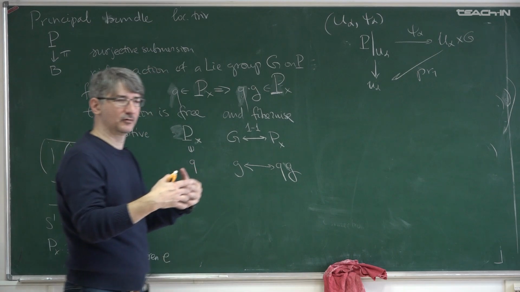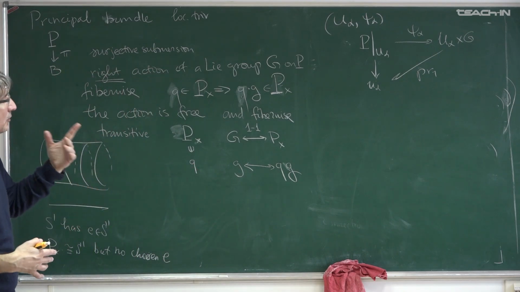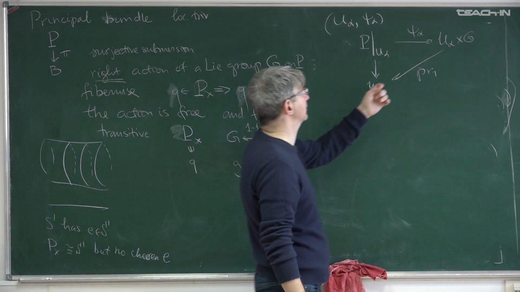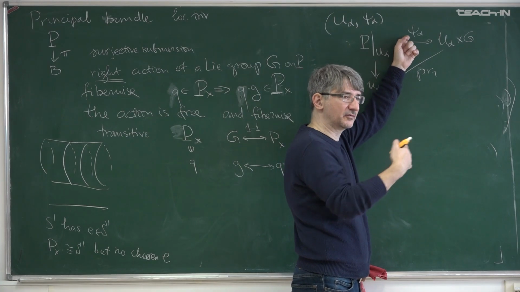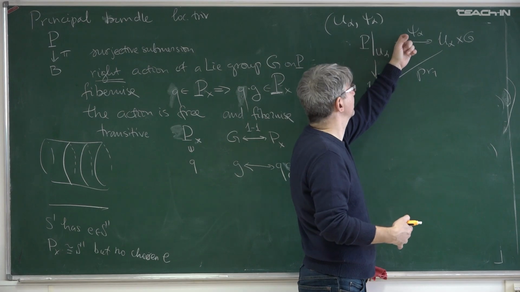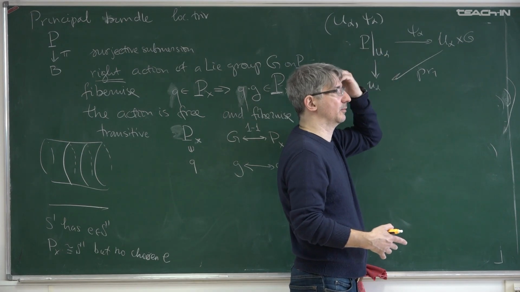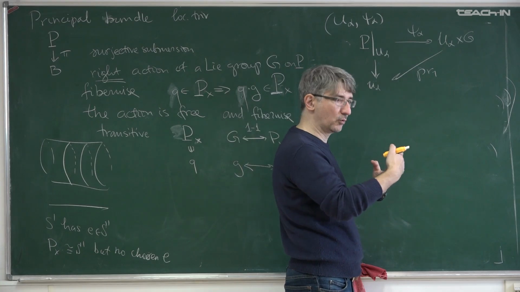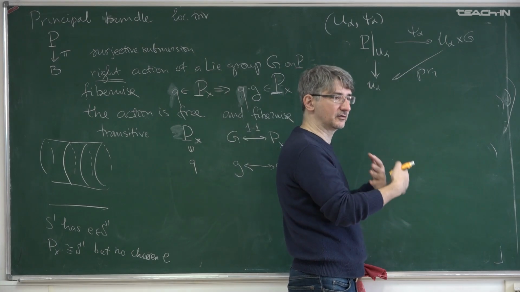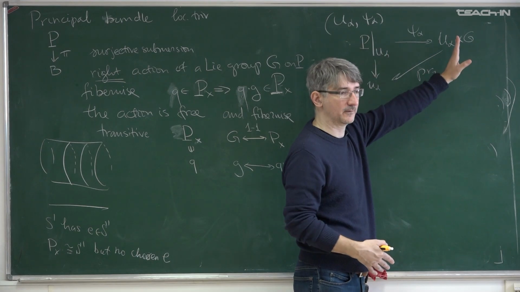When we spoke about vector bundles, we required that psi alpha was preserving fibers and was preserving structure on fibers. Psi alpha was a fiber-wise isomorphism of vector spaces from here to there.